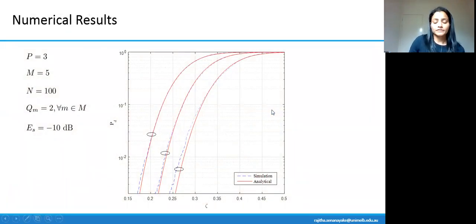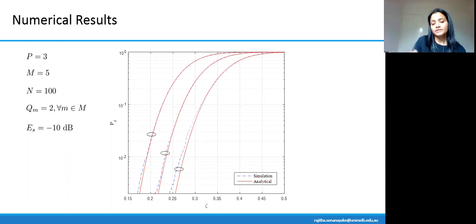And again, I've included one numerical example just to give you an idea about the accuracy of this approximation. Here in the y-axis, I have the probability of detection, and in the x-axis, I have zeta. I have just considered 3 realizations because every time I do a simulation, I have to generate my channel matrix, the H matrix, when we talk about the probability of detection.